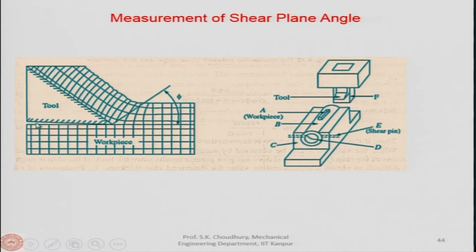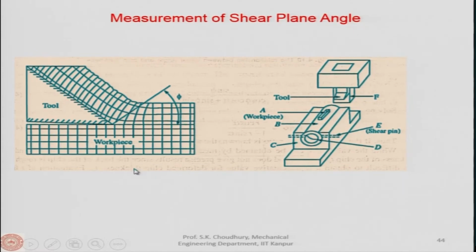The workpiece can be graduated like this. These lines can be painted on the workpiece, and as the tool is penetrating the workpiece, these graduation lines will be deformed.